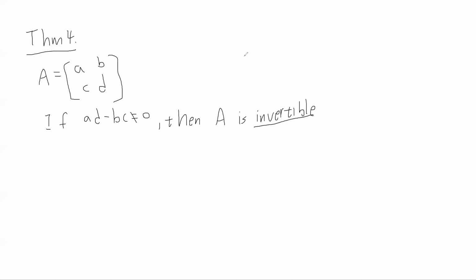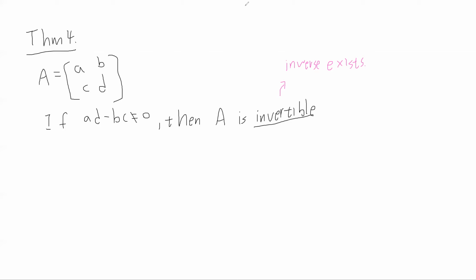Now, invertible, let's do a quick side step. Invertible basically means that the inverse exists. That means we can find some inverse of the matrix A so that when we multiply A and A inverse together, we get the identity back.